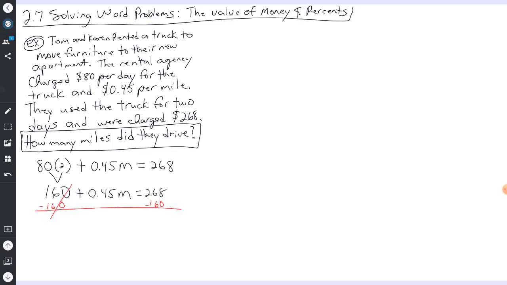So what does that tell us now? So 0.45 m is going to be equal to what?